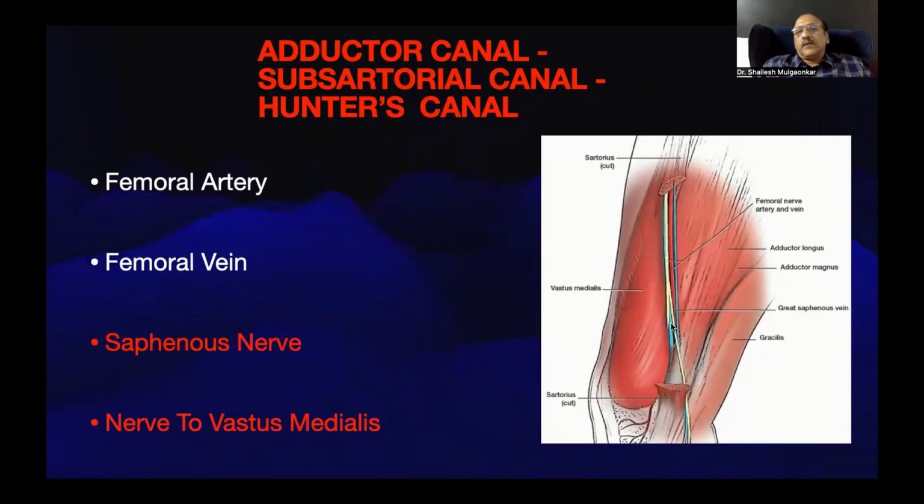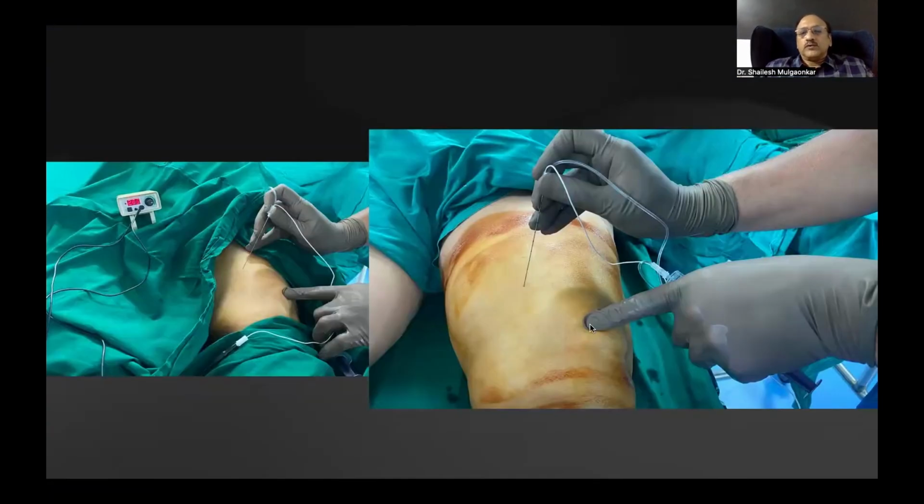Now many times ultrasound is not available, and I have given quite a few of these adductor canal blocks with a peripheral nerve stimulator, where you have to stimulate the nerve to vastus medialis. So you have to go between the sartorius, this is the sartorius which is cut, and the vastus medialis. In that groove, you have to go. This is the patella, you have to go 4 finger breadths above the patella and medially.